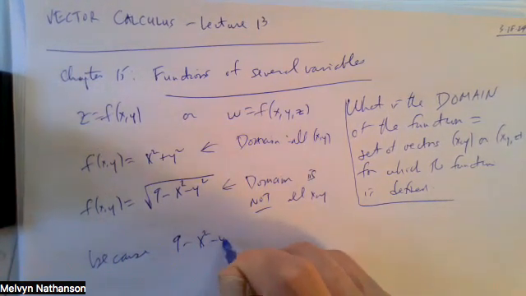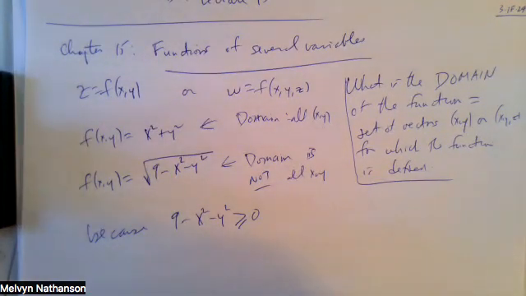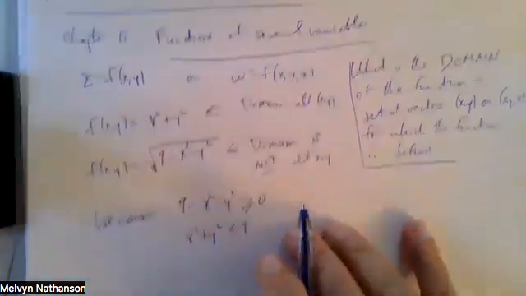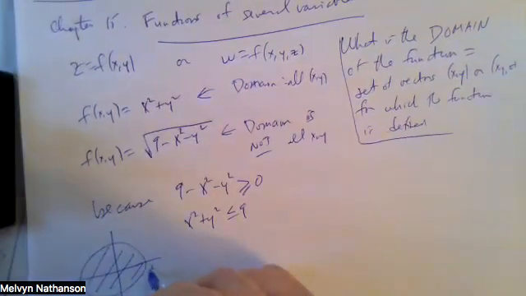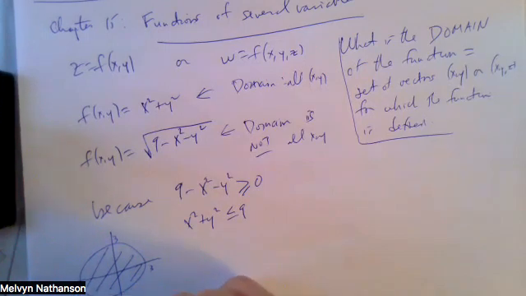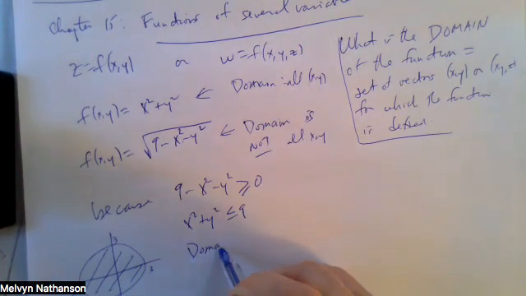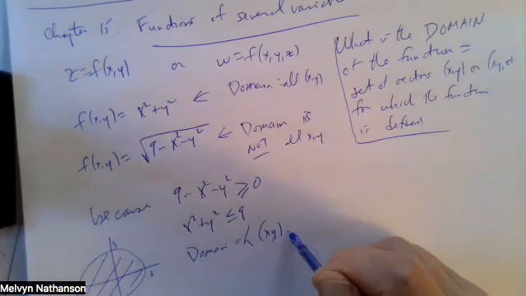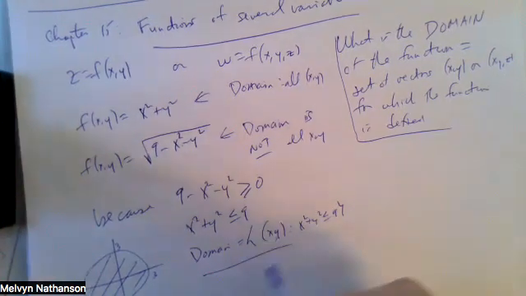So what you're taking the square root of must be greater than or equal to 0, which is the same as x squared plus y squared less than or equal to 9, which is the set of points on or inside the circle of radius 3. So for this function, the domain is the set of all pairs x, y such that x squared plus y squared is less than or equal to 9. That's the domain of the function.